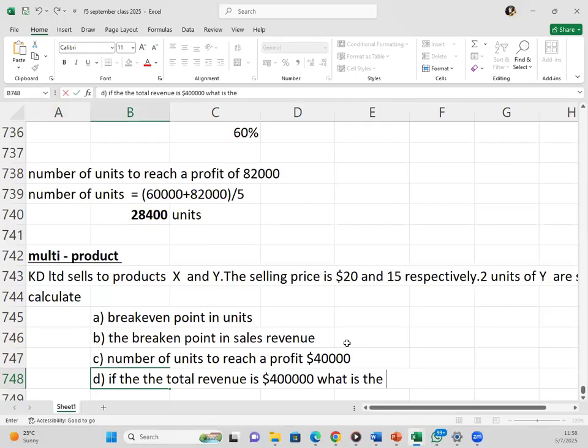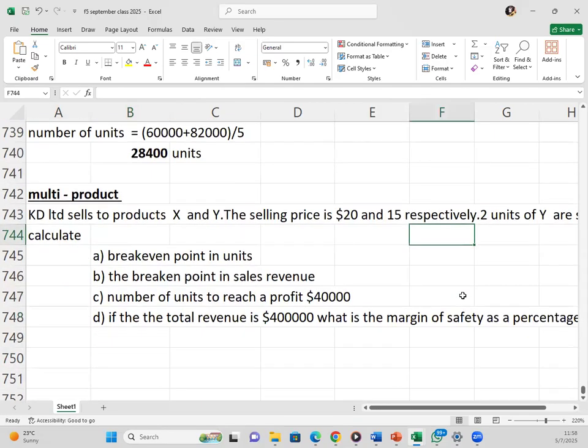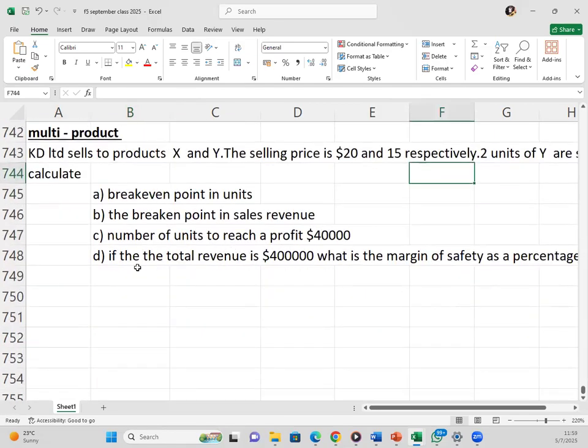So what is the margin of safety as a percentage? Okay, with that information given, let's now go and do our calculation.